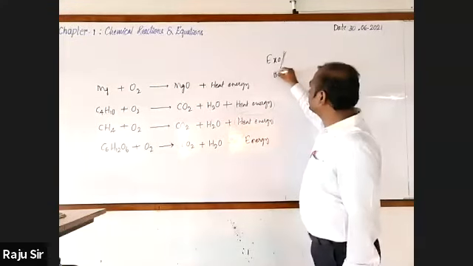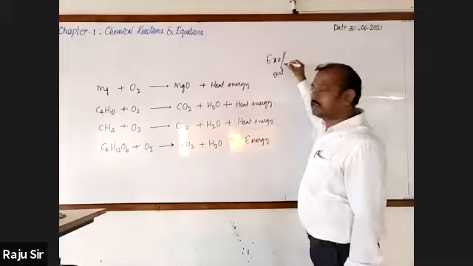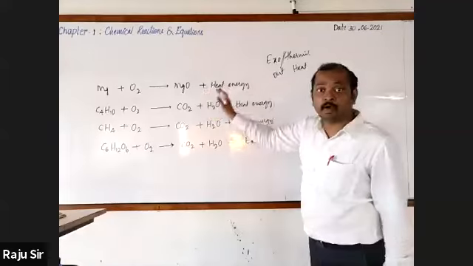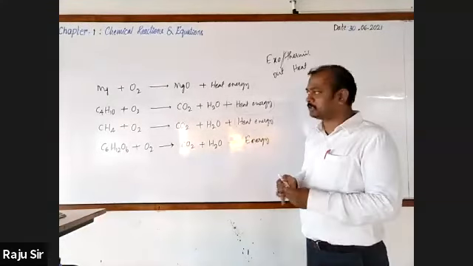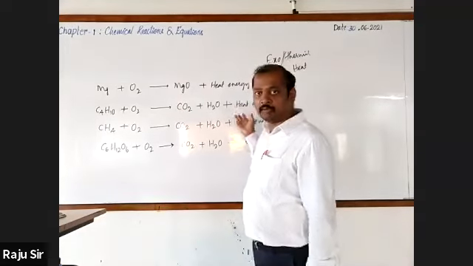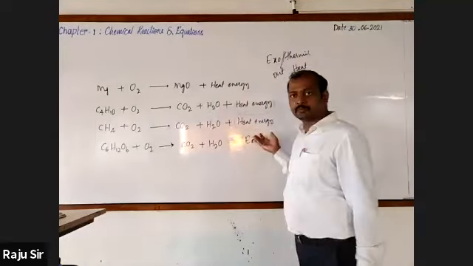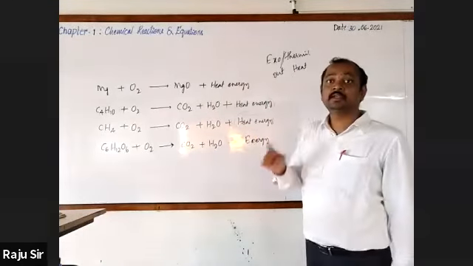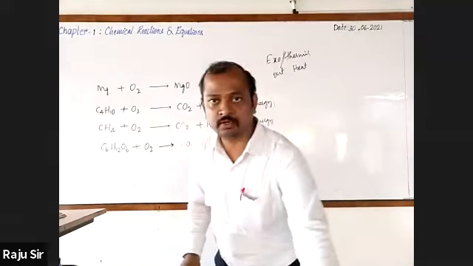Exo means out, thermic means heat. So heat is evolved outside the system. That is, after the chemical reaction, heat is produced along with the products, and this is known as an exothermic reaction.